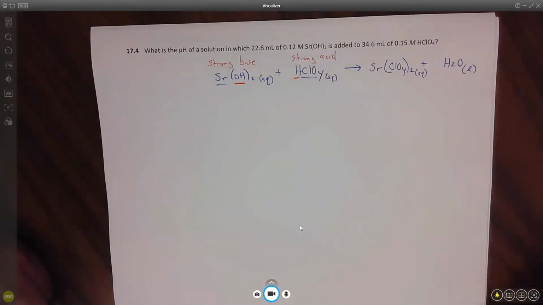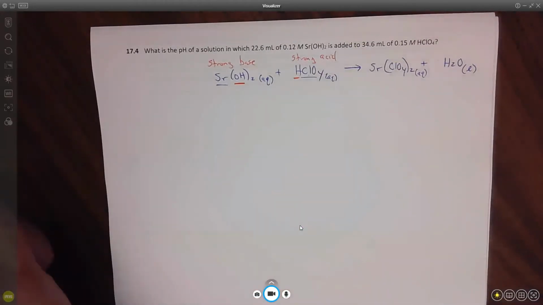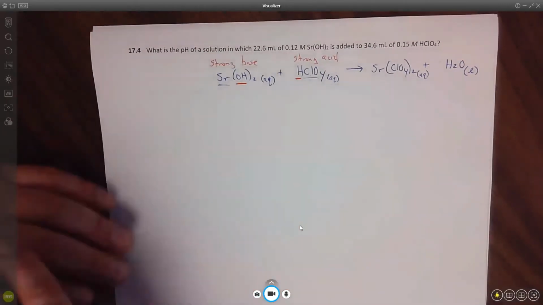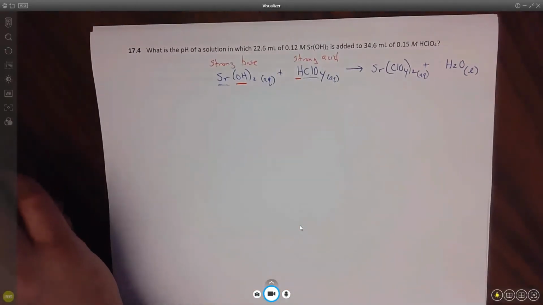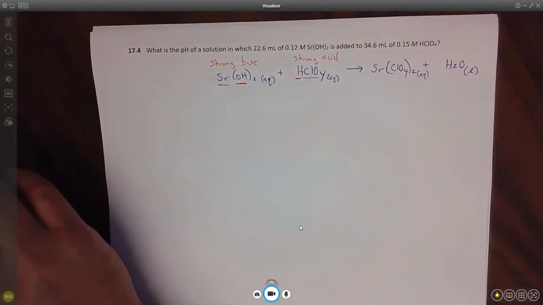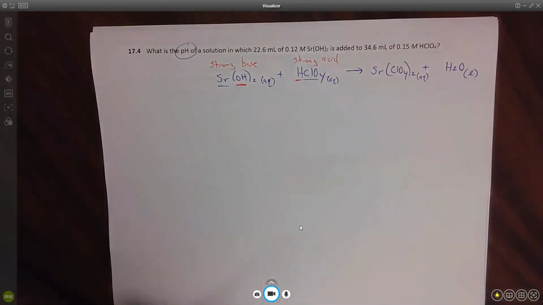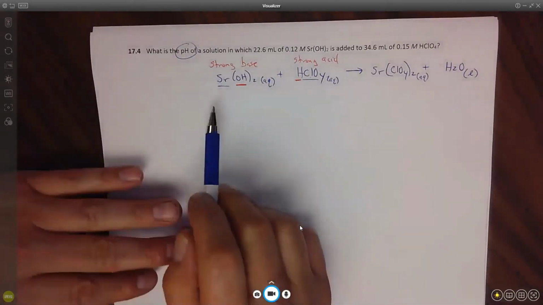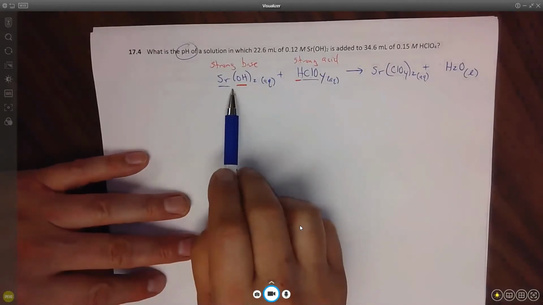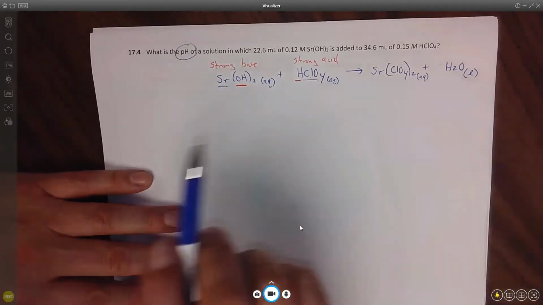Okay. So since this is going to be a single arrow, and these are strong acid reacting with a strong base, so there's not going to be any equilibrium, what's going to determine the pH? It wants the pH. What's going to determine the pH of this reaction? If the acid reacts with the base, it forms water.